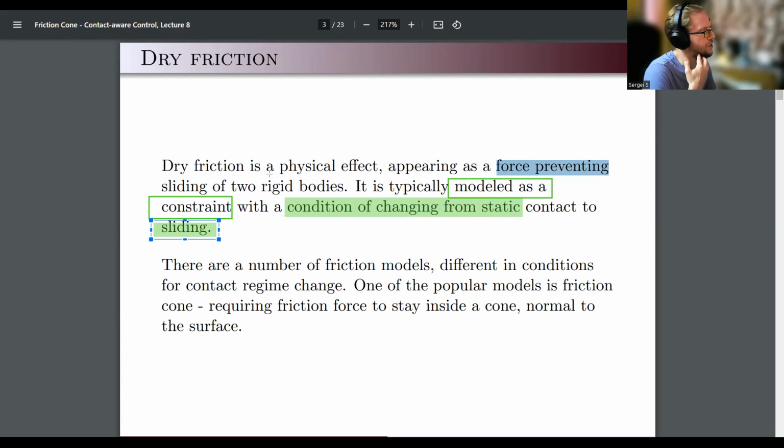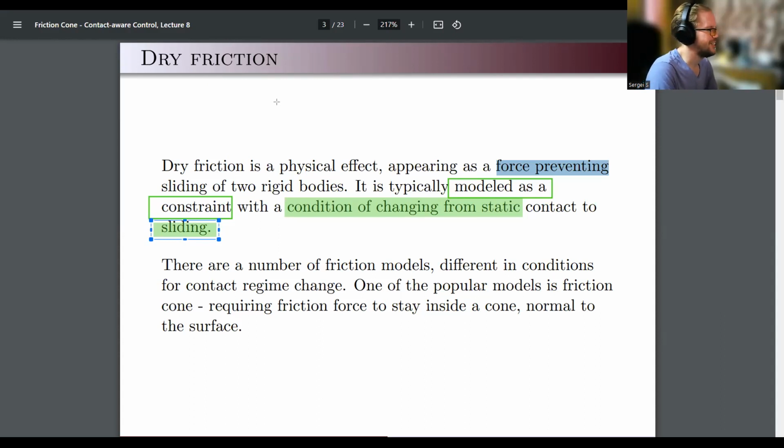So a typical model is Coulomb friction. This one is basically saying that the tangential component, what we call friction force, has a maximum value that is proportional to the normal component. And once the sliding occurs, this inequality becomes equality.